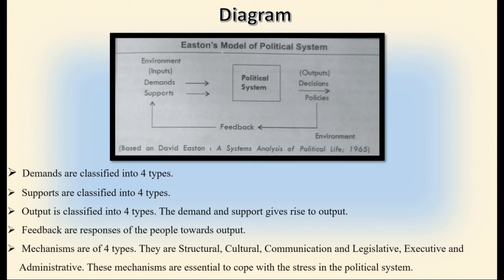Easton calls them authoritative allocation of values. That is, value refers to the needs of the people. How the value will be fixed is the decision of the authority. The process of making this decision by the authority is called allocation of values.